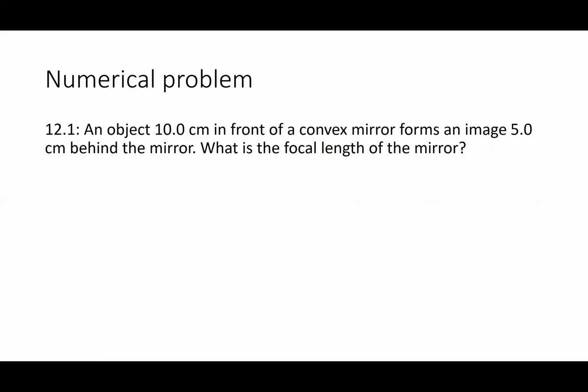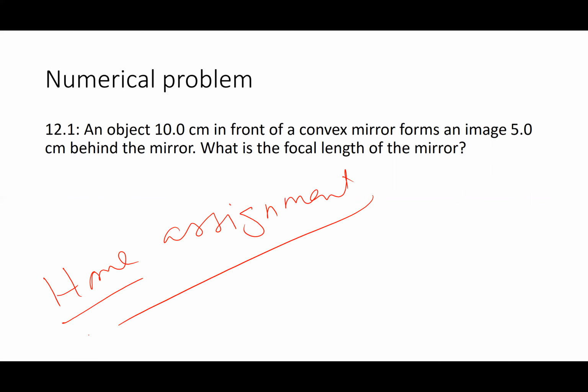What is the focal length of the mirror? This is your home assignment. WhatsApp me your home assignment. If you cannot do it, I will do it. Try it. If you can do it, it's okay. If you cannot, then I will do it.